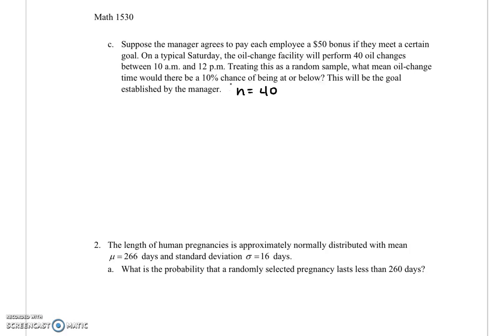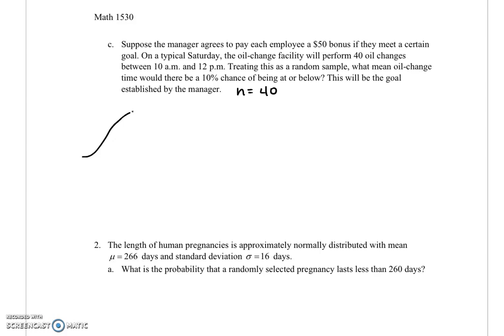And that time that we're about to figure out is the goal established by the manager. So if they do those 40 oil changes less than that, then they get the bonus money.